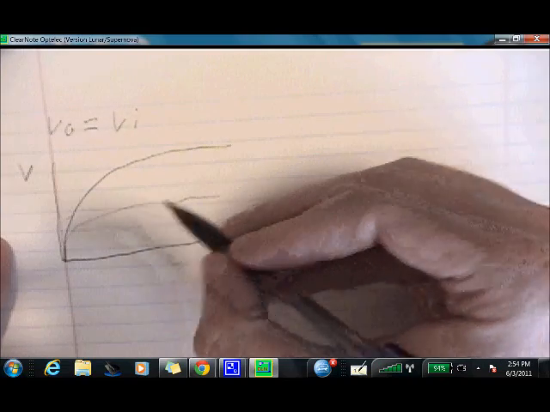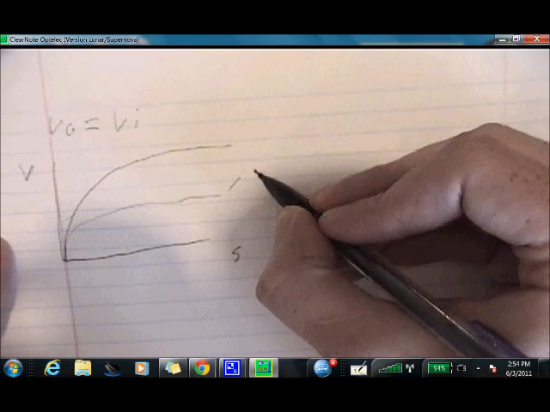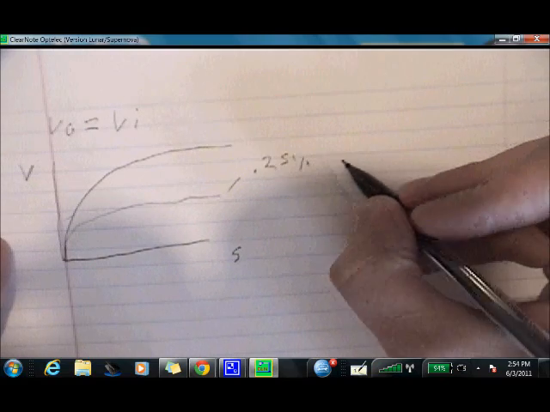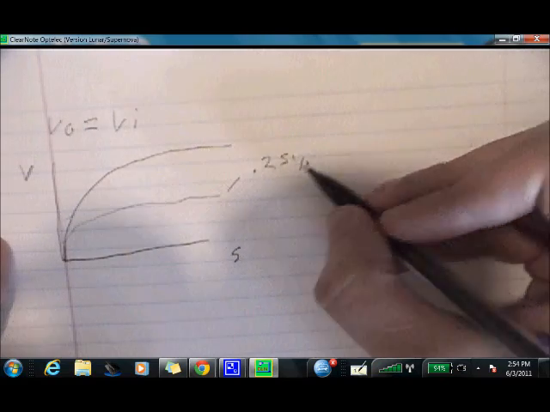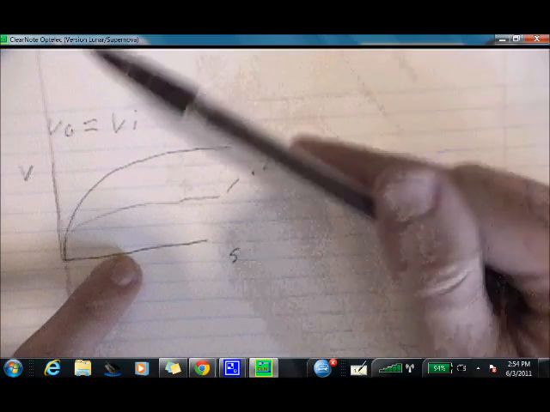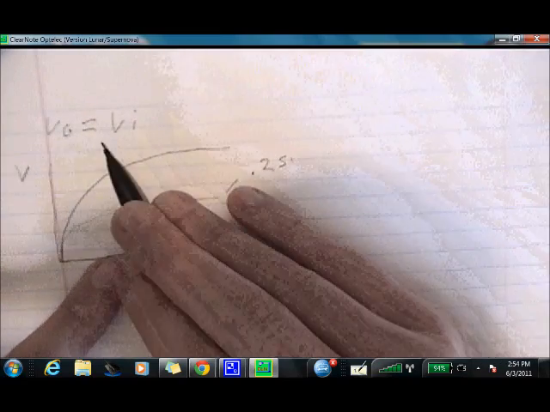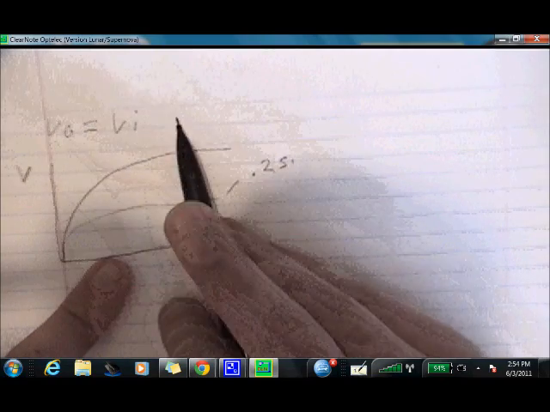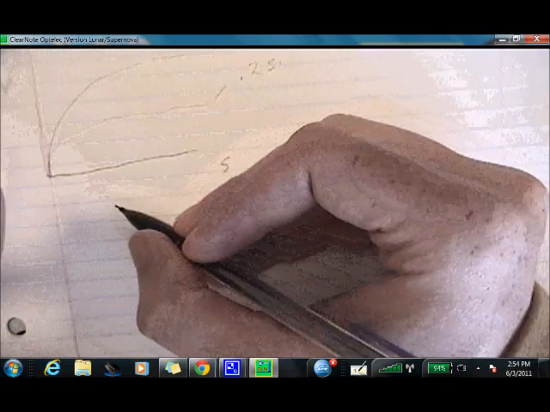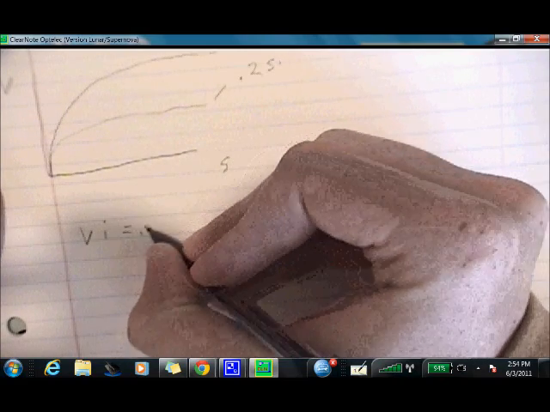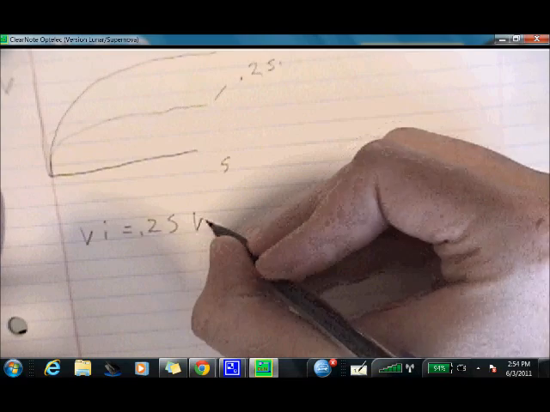So this line is going to be 25% of our original velocity, or 0.25. So what we're calculating is that the velocity of the inhibited is going to be 25% of the velocity of our original. Vi equals 0.25 V0.